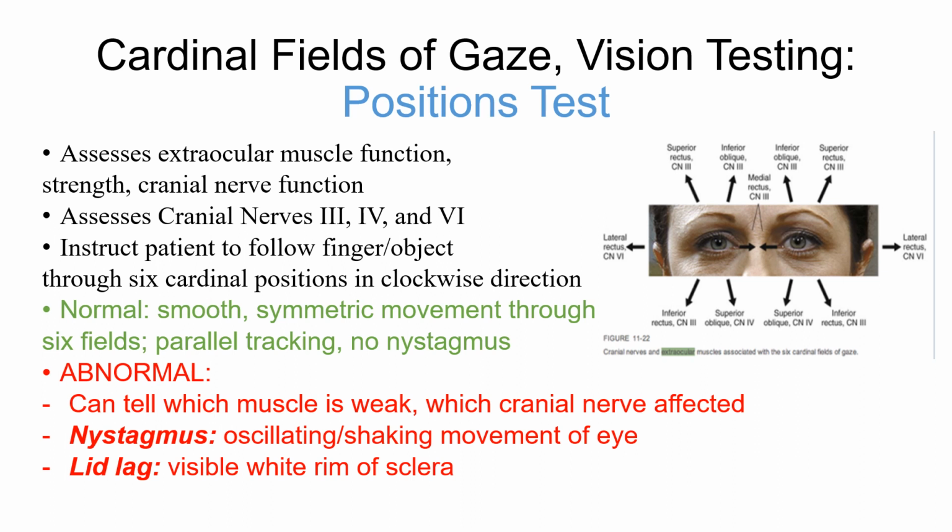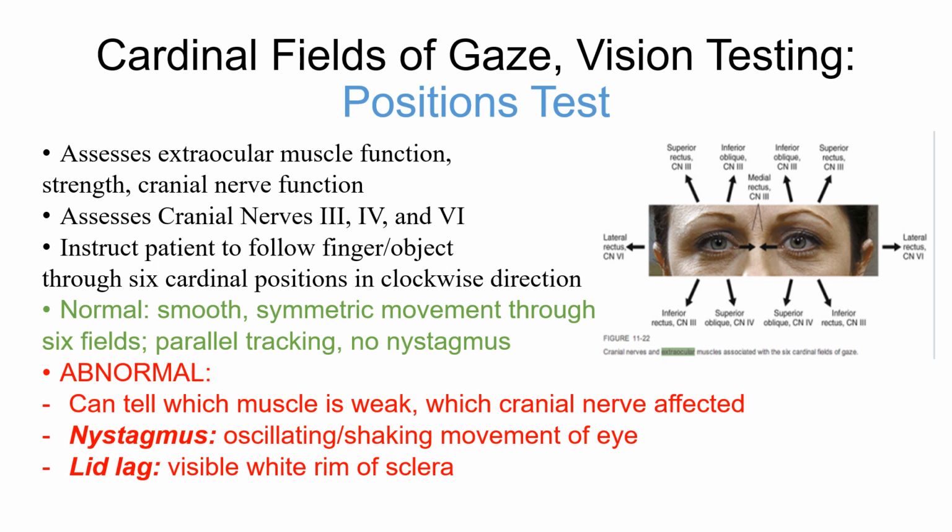So the positions test. This is the 6 cardinal fields of gaze. So again, we're testing extraocular muscle function, and this is cranial nerves 3, 4, and 6. We have the client follow the object, so up and down, side to side, and then diagonal.